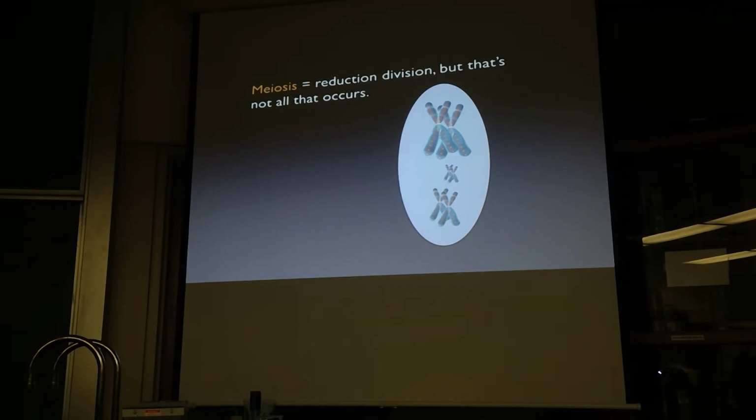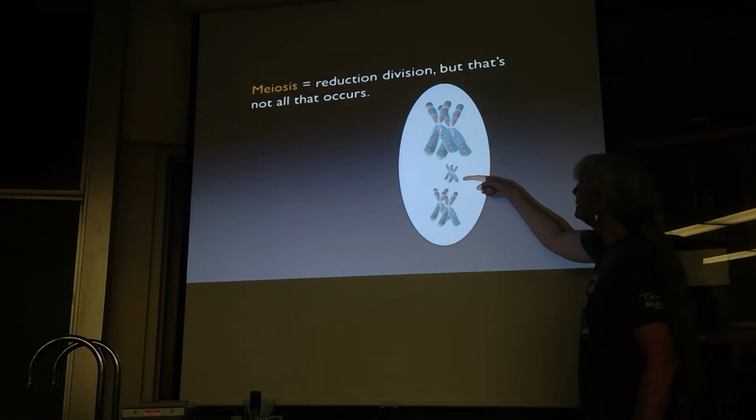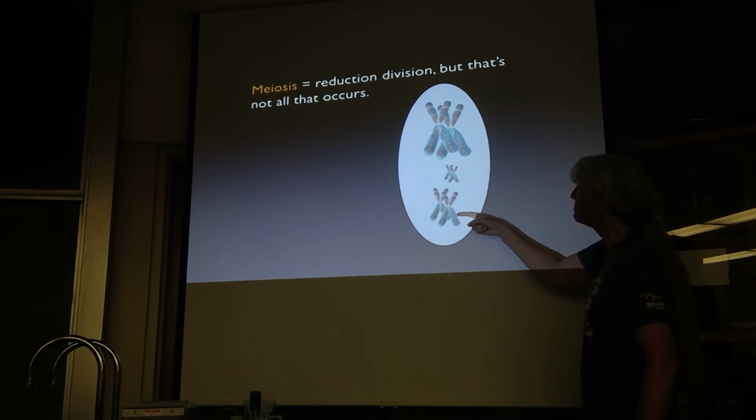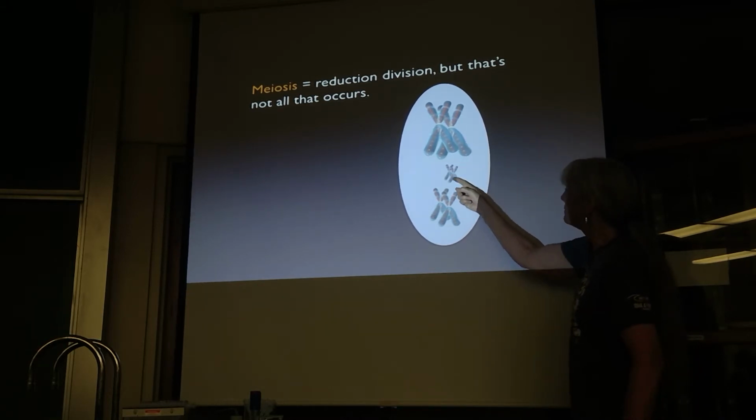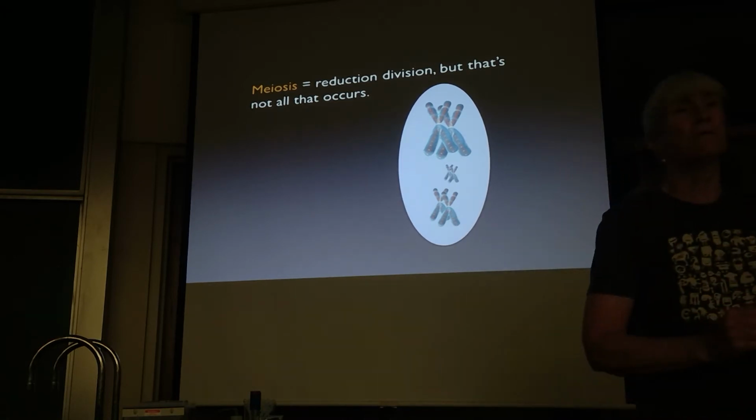Meiosis is sometimes referred to as reduction division. What's going to happen initially is the chromosomes line up in the middle of the cell, in homologous pairs. In this illustration, we have very large chromosomes, little bitty chromosomes, and medium-sized chromosomes. The 2 large ones are together, the 2 little ones, and the 2 medium-sized, so they're lining up in homologous pairs.